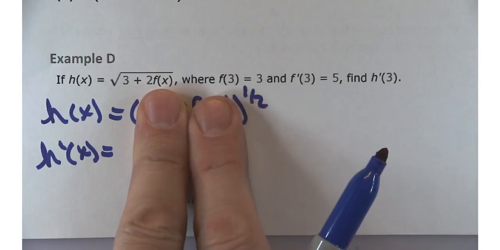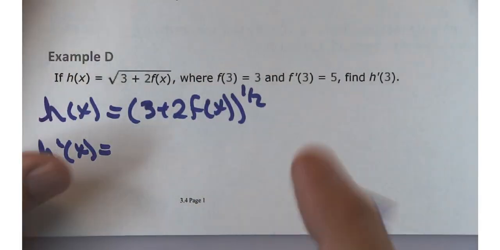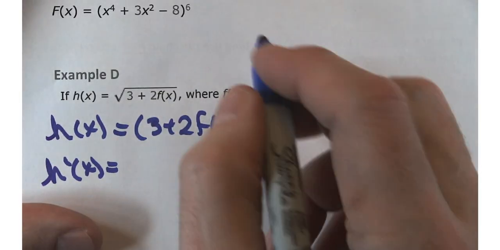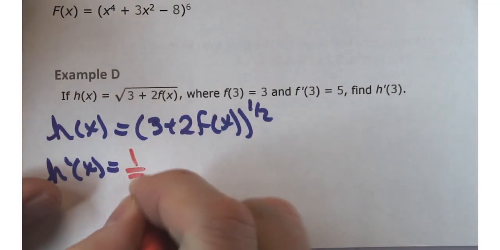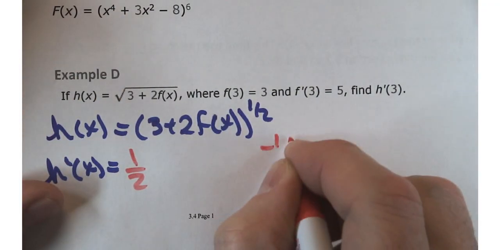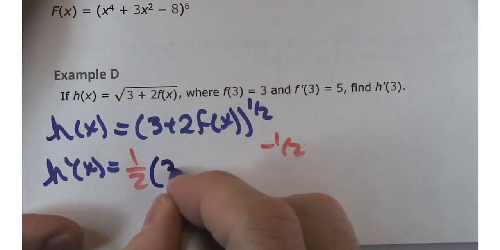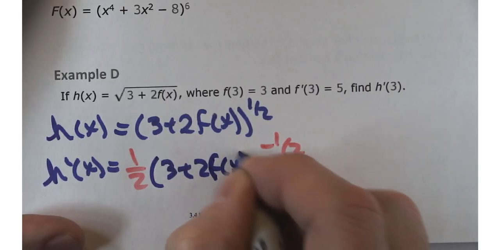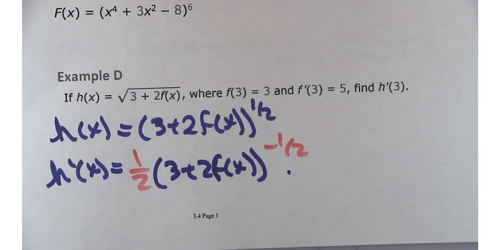When you differentiate something to a power, remember you're going to multiply by the exponent and subtract 1 from the exponent. So it's going to be 1/2 here, and then negative 1/2 here. 3 plus 2 times f of x raised to the negative 1/2 times the derivative of the inside.